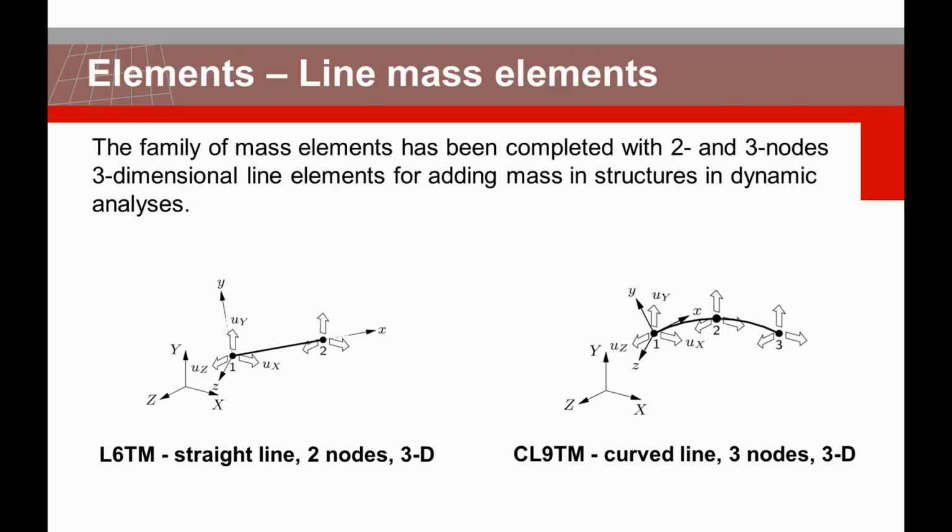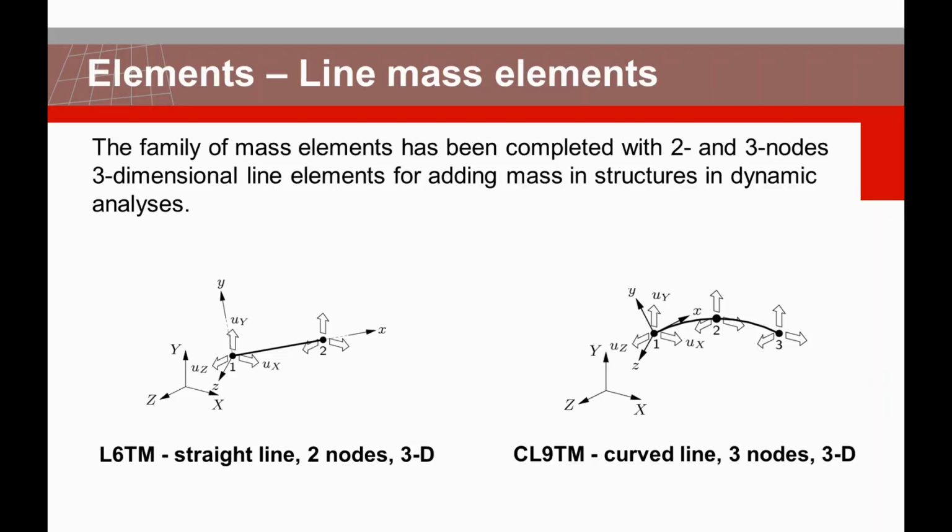From element point of view, we have completed the family of mass elements by introducing more 2 and 3 nodes, 3-dimensional line mass elements. The advantage of these line mass elements is when you model nonlinear time history analysis, you have a project, and instead of modeling the whole weight of, for instance, windows or some parts in the model, you can define these line elements and assign a mass to them associated to the weight of those structures that are eliminated through the modeling part.